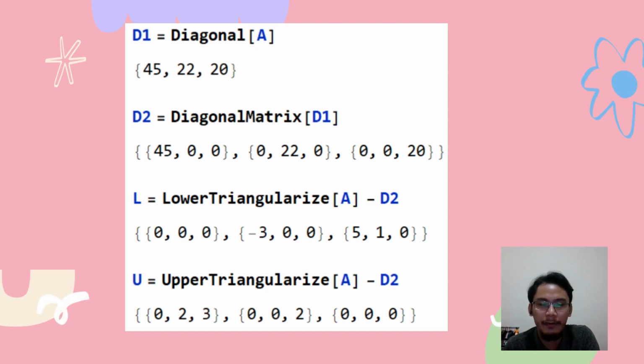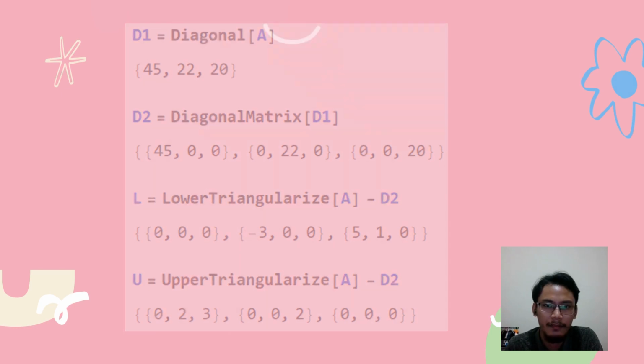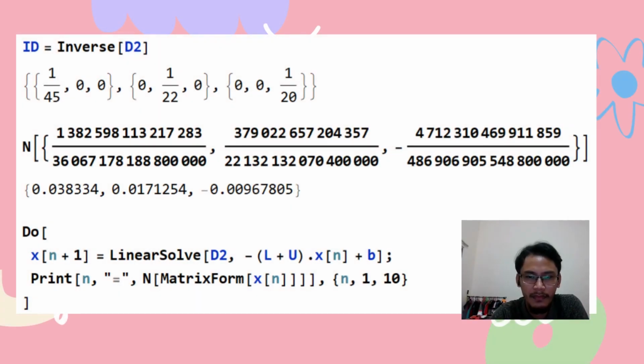And then we will get the diagonal matrix, which is the D2 diagonal matrix of D1, and then the lower triangular matrix and also the upper triangular matrix. And then this here is the command to get the solution in 10 iterations.